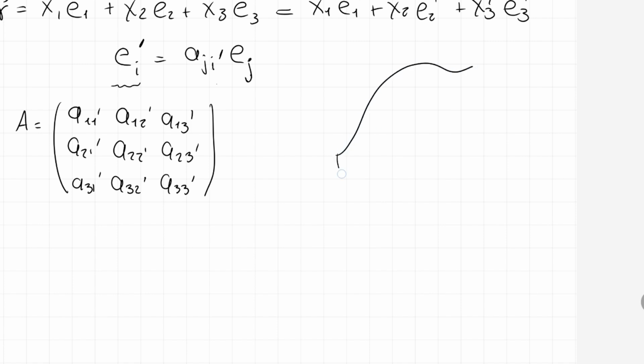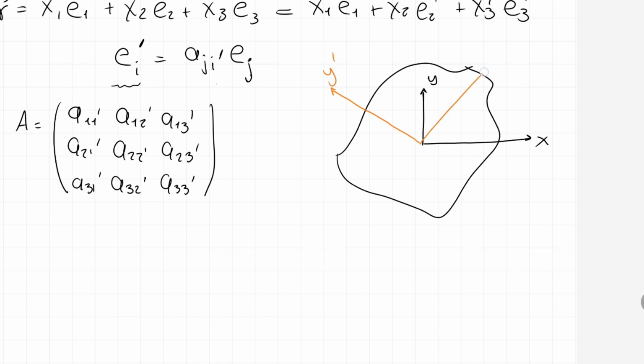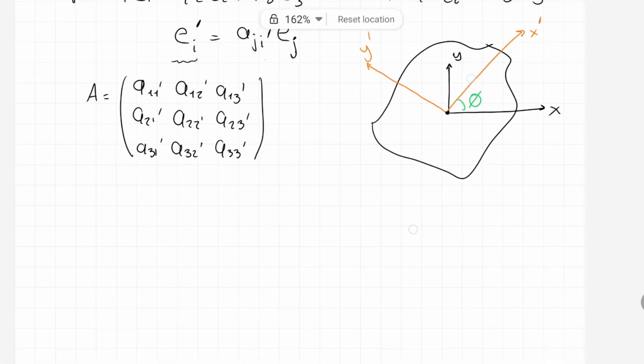Let me draw the rigid body again here, and let me write the coordinate system. What happens if we have another coordinate system, like this, that is rotated by a certain angle phi? We know that this can be represented with a rotation matrix.